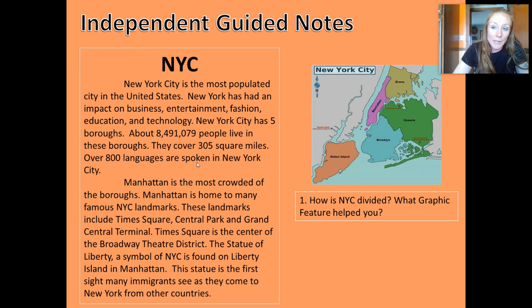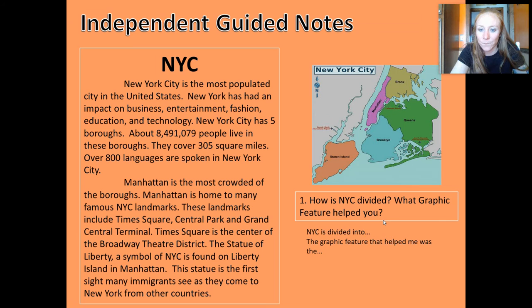If I go back into the text, I can find the answer. However, I can also look on my graphic feature. Our graphic feature is this map. If I look, how many boroughs is NYC divided into? Count them.